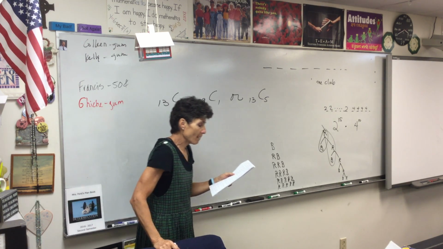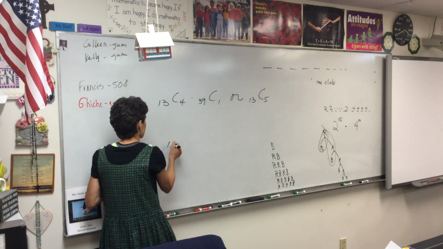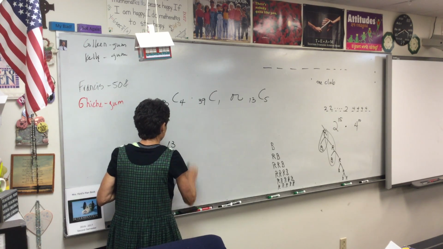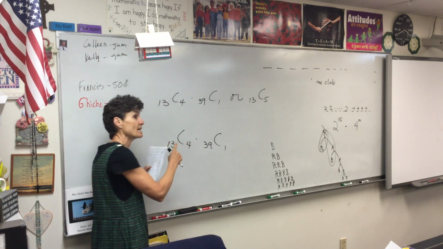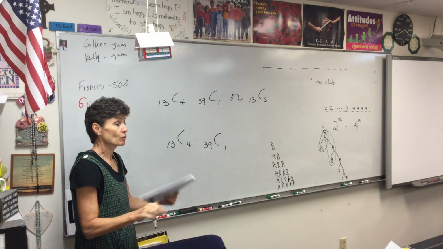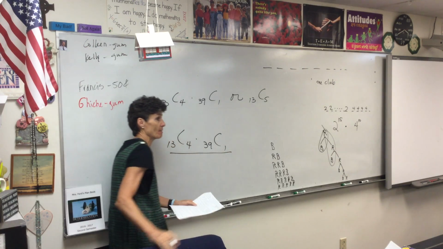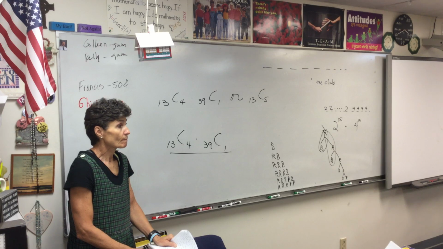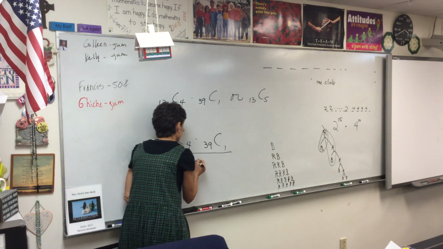What is the probability of number 6? Okay, so remember, number 6 was 13C4 times 39C1. Those are the hands that have 4 hearts. Now turn that into a probability problem. It means you have to divide it by something. What are we going to divide it by? 52C5.